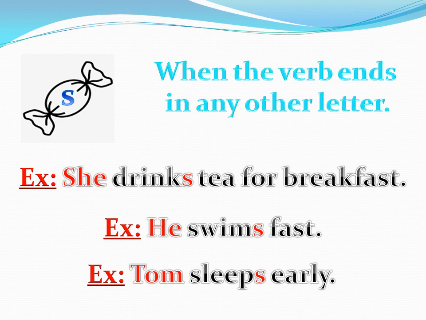Okay, so if the verb doesn't end in X, O, S, double S, or SH, or CH, or it doesn't end in Y, and before the Y there is a consonant, here in this case we add only S, like drink, drinks, swim, swims, sleep, sleeps. And remember that we add the sweets only with the super students, he, she, and it.